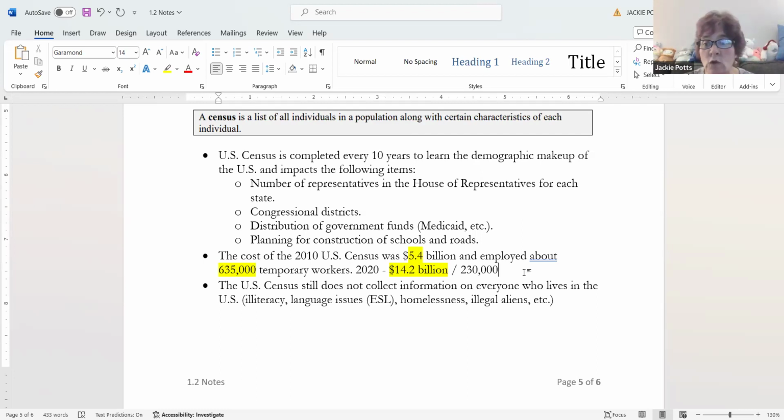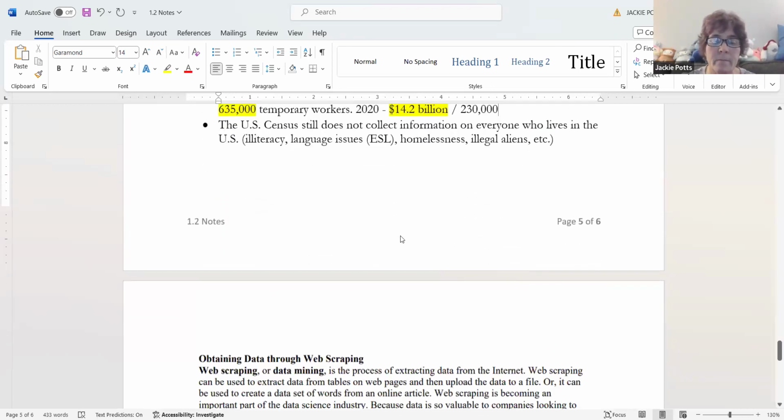How about those whose English is their second language, so they don't understand what they're getting? How about those that are homeless? The illegal aliens. They don't want to be counted. They don't want anybody to know where they're at. So it makes it to where we can't collect the info on everyone. So why spend that much money in an attempt to collect it on everybody? All right.